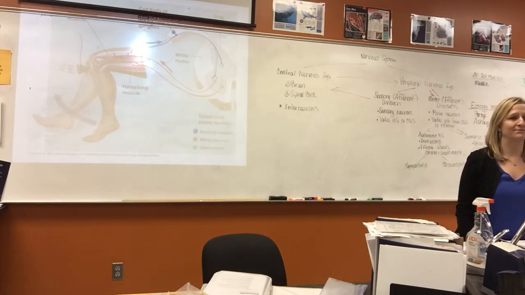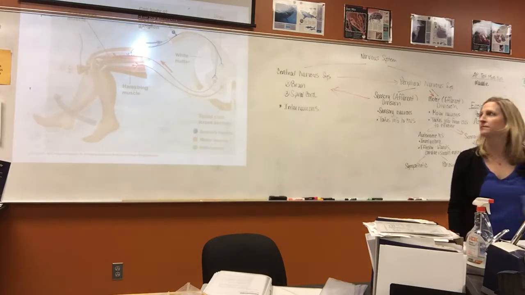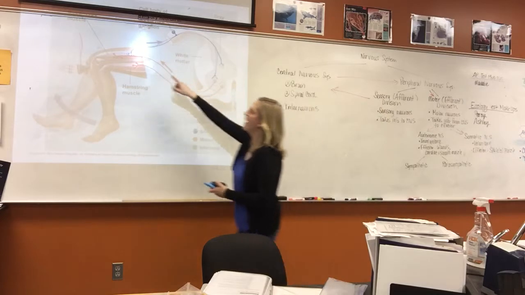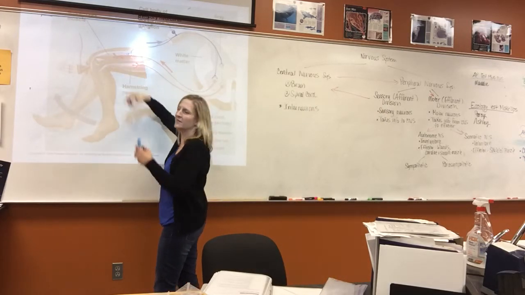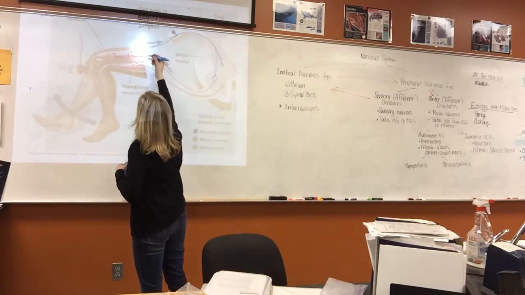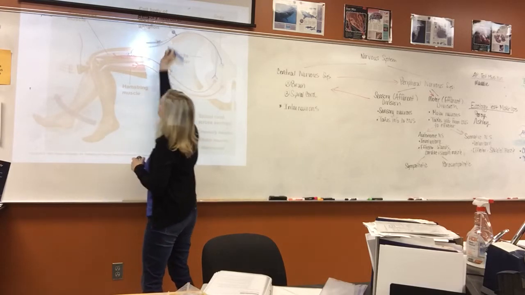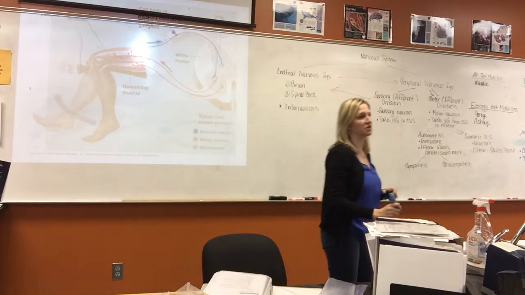Which one's the dendrite? Where are the dendrites at? Go back. On the quadricep. What tells me that? It's receiving, and I know that the impulse direction is going that way.